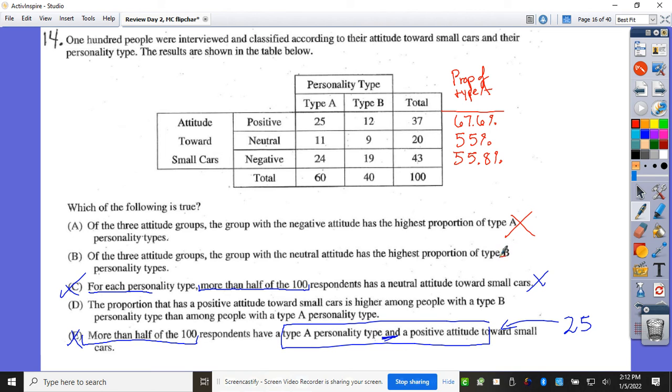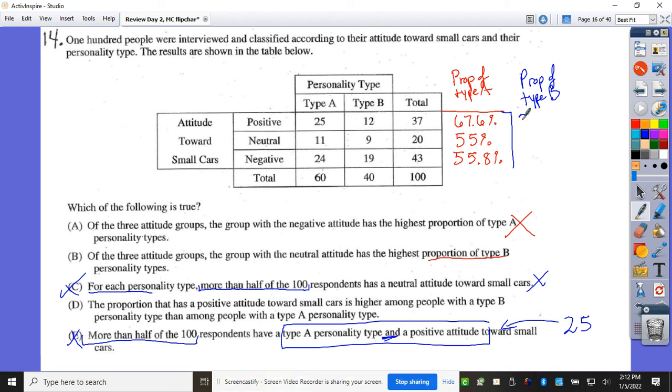So this one switches to be the proportion of type B. Well, I can now do that really easily because there are only two of them. How do I figure out the proportion of type B, instead of starting all over? Change those to decimals and then do 1 minus. Right, so it's the opposite of those.